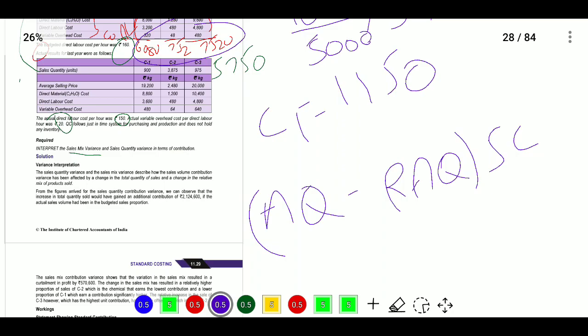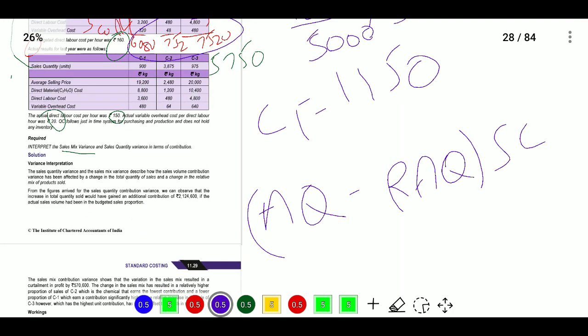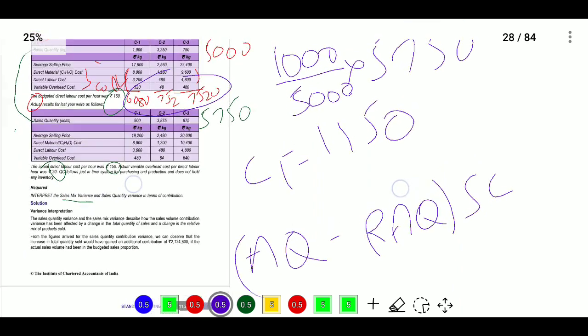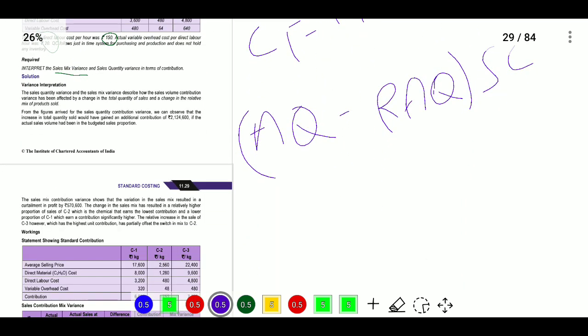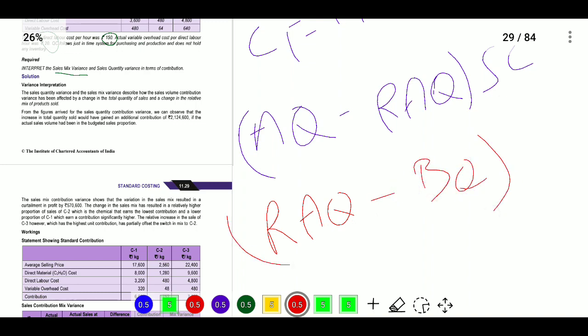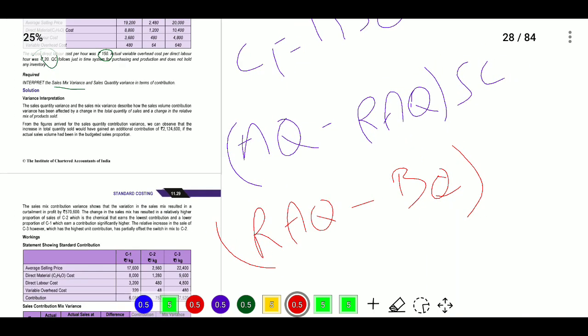Next, what do we require? Sales quantity variance. For sales quantity variance, what do we require? Budgeted quantity. We calculated the revised actual quantity, so revised actual quantity minus budgeted quantity, multiplied by the contribution.